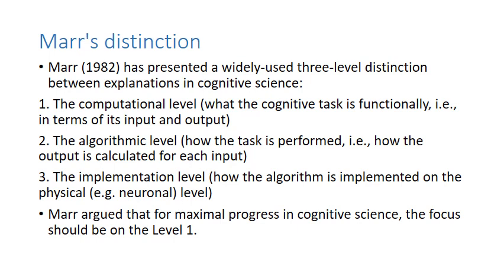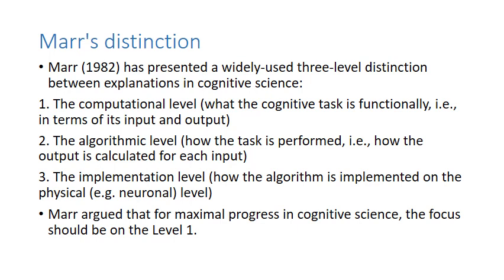We'll begin from David Marr's distinction between three levels of explanation in cognitive science. It's a very widely used distinction, which is still the go-to distinction in philosophy when it comes to computational modeling. First there's the computational level, which means what the cognitive task is functionally speaking, that is, in terms of its input and output purely.